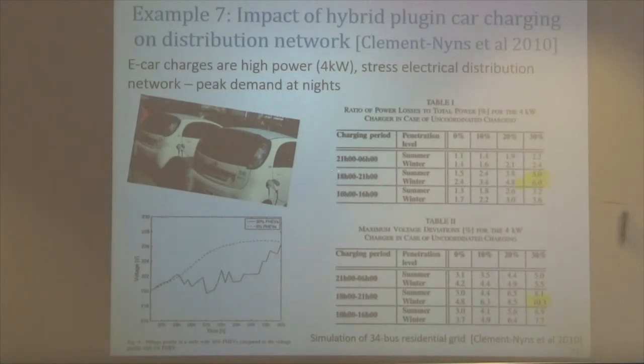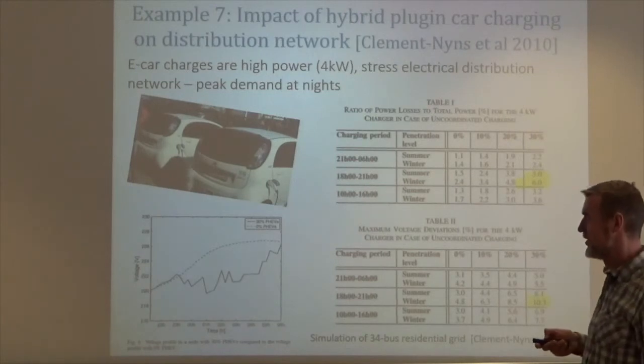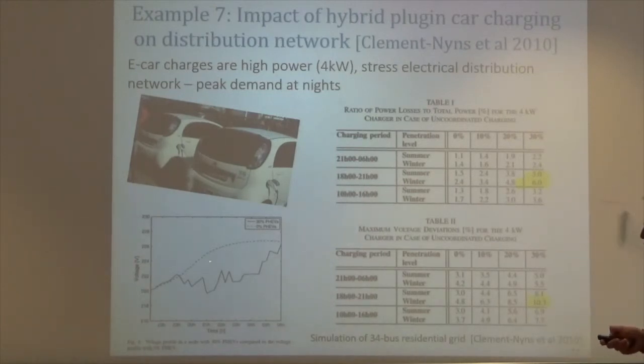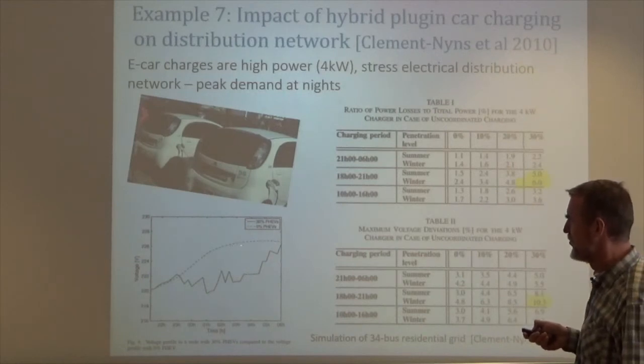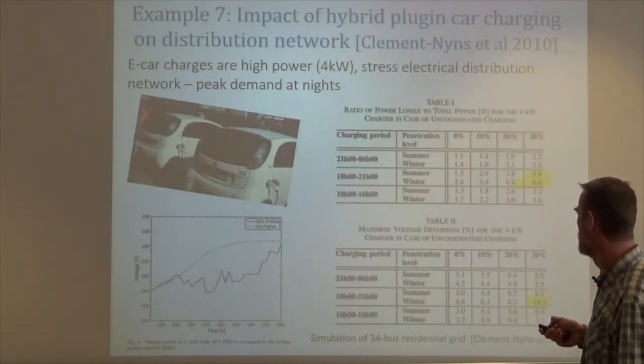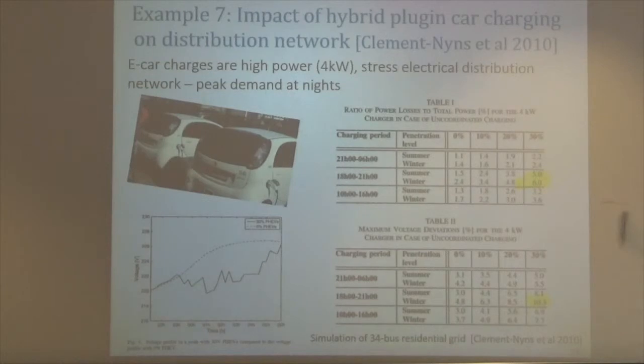However, as some of you in the room who work on such projects know well, that's also a stress for the distribution grids. And here is the anticipated voltage obtained by doing some load flow simulation. You see that the voltage might have problems when you have lots of electric cars, but also the losses.